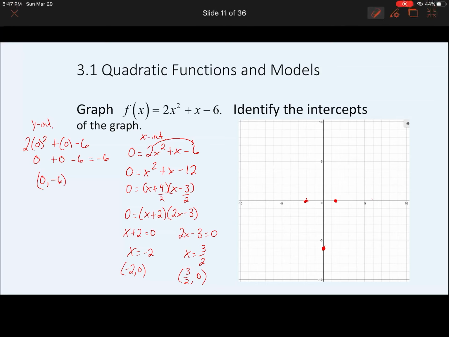And so what we can do is, let me zoom this back out for a second. So we don't know exactly where that vertex is. We could find it. But what we do know is that it is somewhere close to this y-intercept.